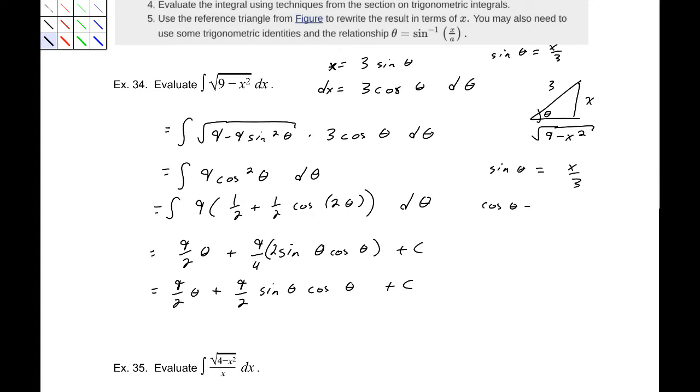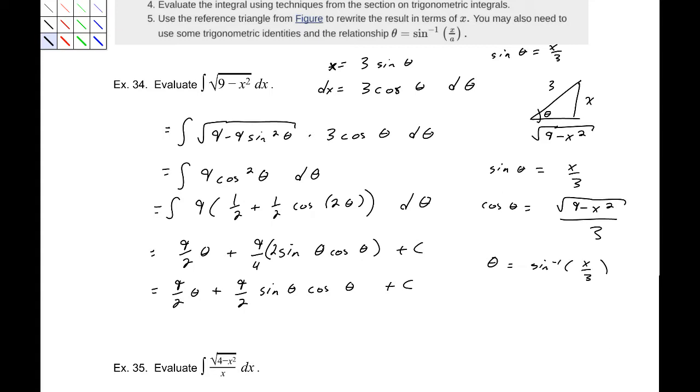Cosine theta is the adjacent over the hypotenuse, so that is the square root of 9 minus x squared over 3. And theta itself is the arc sine of x over 3.